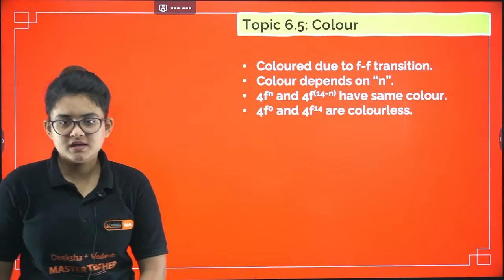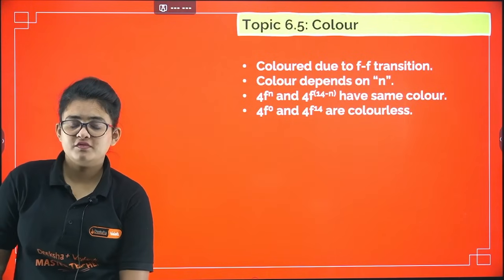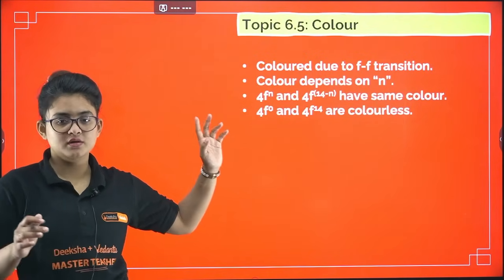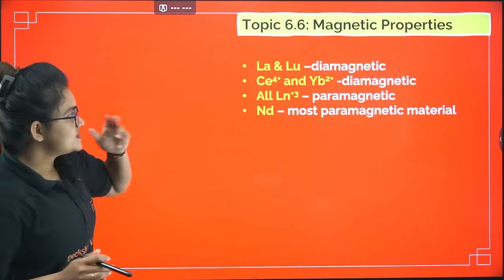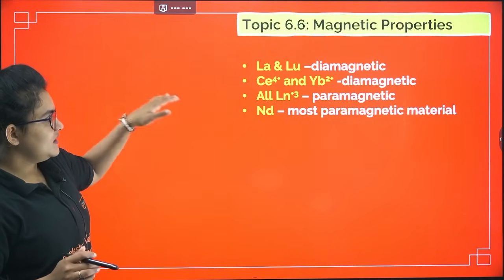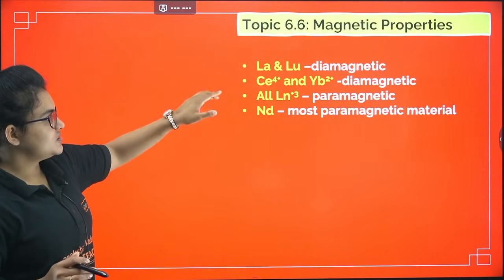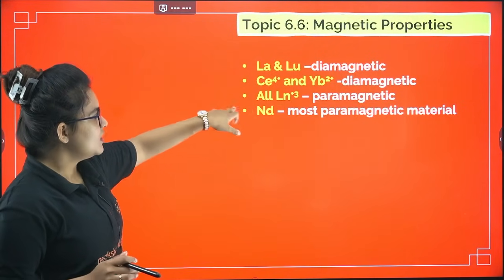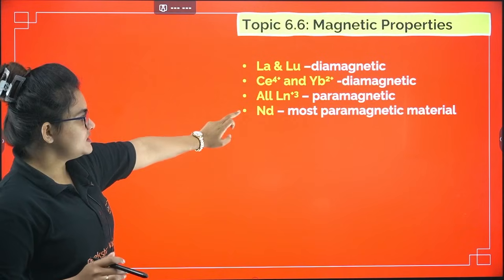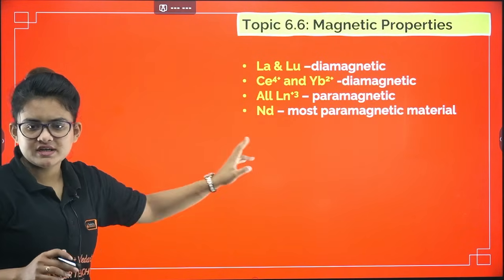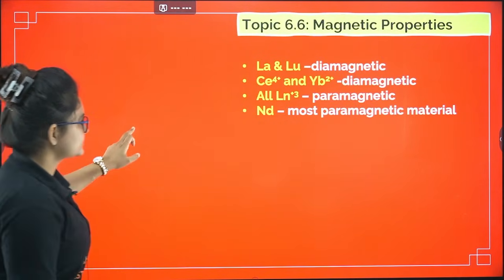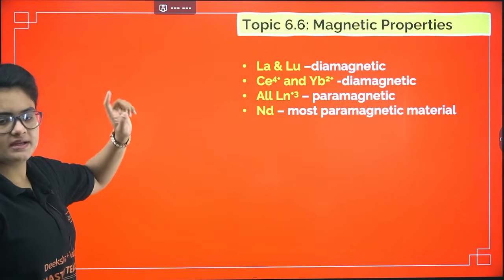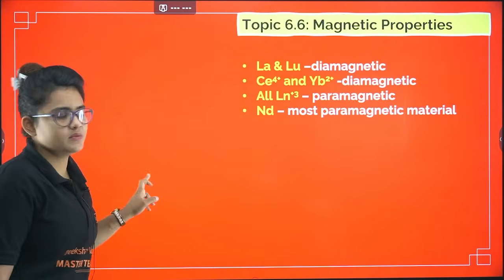Definitely 4f0 and 4f14 elements are colorless because they are fully filled or have no electrons. Next come the magnetic properties. Lanthanum and lutetium are diamagnetic. Cerium and ytterbium are diamagnetic. All Ln3+ are paramagnetic, and this is information you should remember. Neodymium is the most paramagnetic in nature.